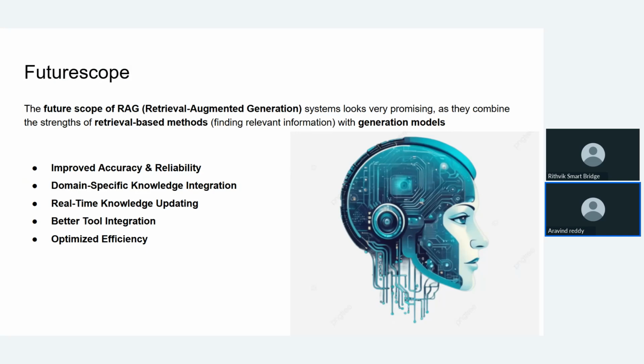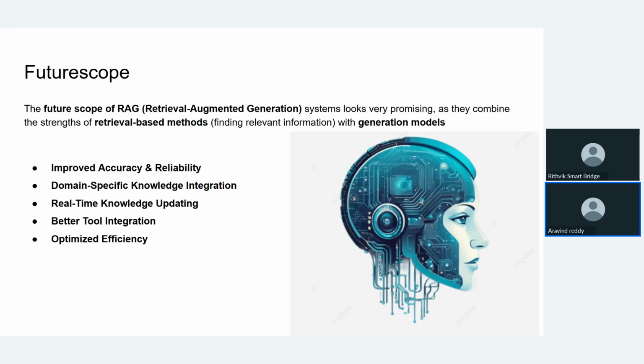Now the future scope of RAG. We already discussed this when we were entering RAG: improved accuracy and reliability, domain-specific knowledge integration, real-time knowledge updates, and better tool integration. Generally we use RAG in these domains.